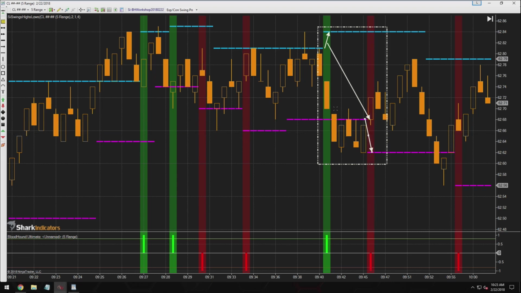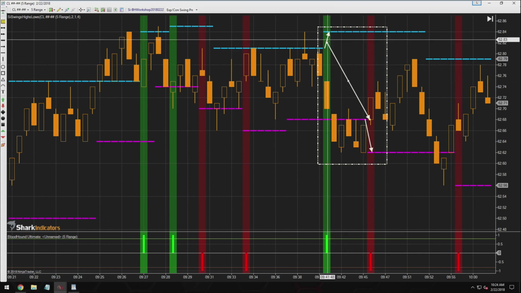So we have to take this long signal and extend it forward in time until the swing low has time to make its expansion. So that's what we'll work on next. Well, actually, before we get there, let's finish setting up our solvers.